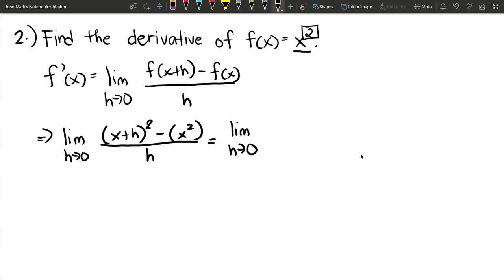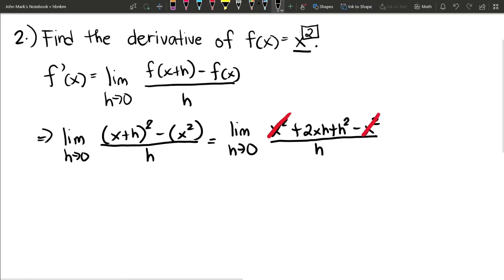So x plus h squared is just simply x squared plus 2xh plus h squared minus x squared all over h. So we can cancel x squared. So yeah, buburahin mo lang. So ang natira natin ay the limit as h approaches 0, ang natira na lang ay 2xh plus h squared all over h.